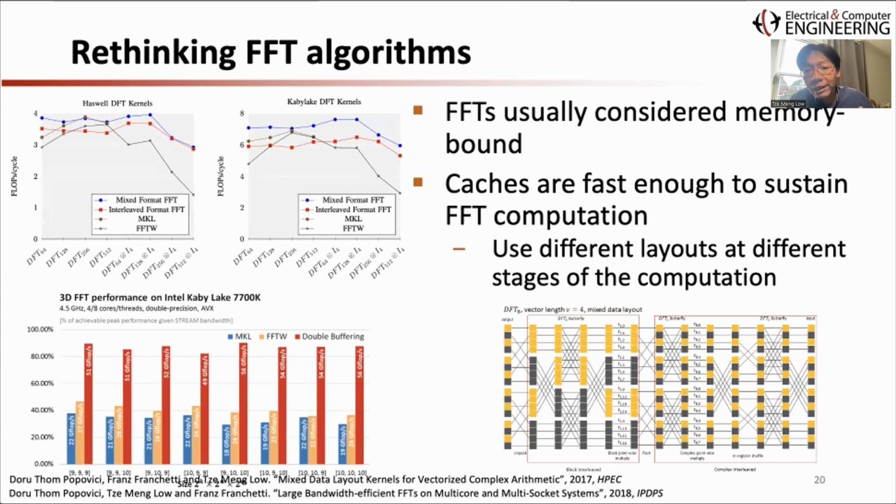But if the data is at the right level of the memory hierarchy, in the right level of cache, what you see from the two plots on the top is that they are often fast enough to actually reach near the floating point addition peak performance, the theoretical peak of a floating point addition unit.